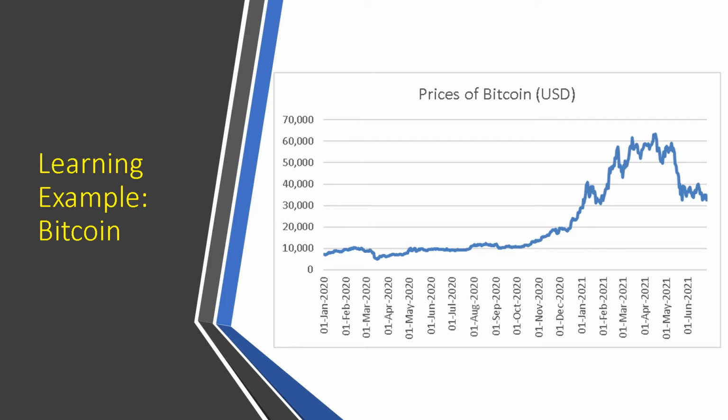The prices have been highly volatile. Subsequently, the prices of Bitcoin fell to 32,000 at the end of June 2021. So, we are going to learn how to compute relative strength index and evaluate if Bitcoin is overbought or oversold currently. Stay tuned.